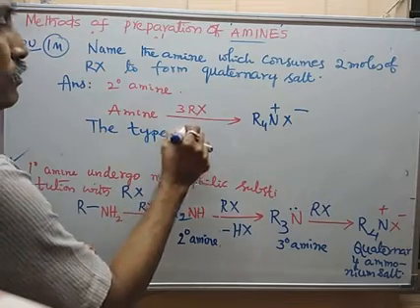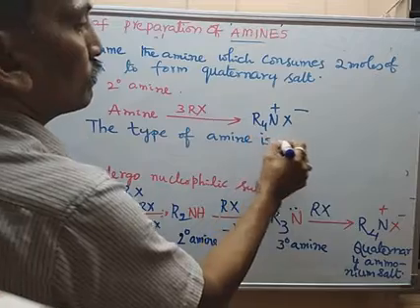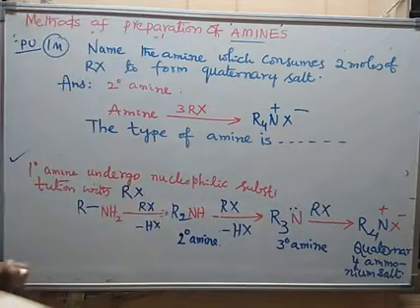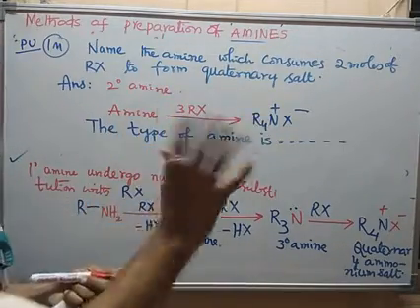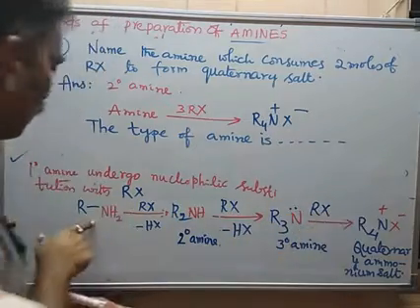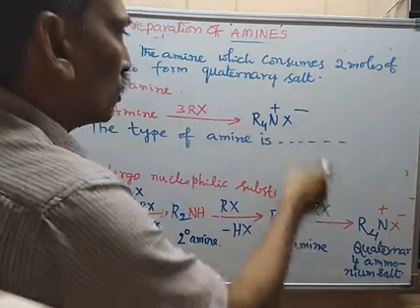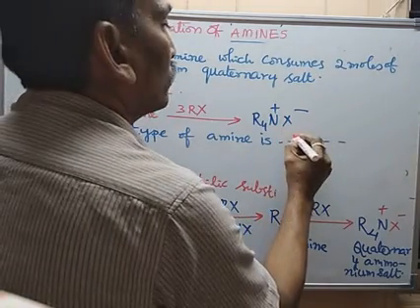What is your answer? 2 moles, secondary, it is matched; 3 moles, tertiary, is not matched. Answer is 1, 2, 3 moles are consumed by primary amine to produce quaternary salt. Answer is primary amine.